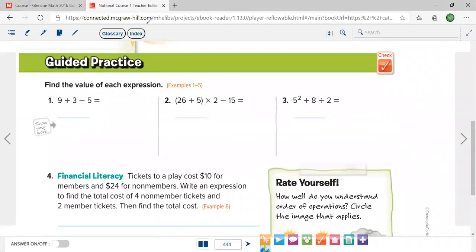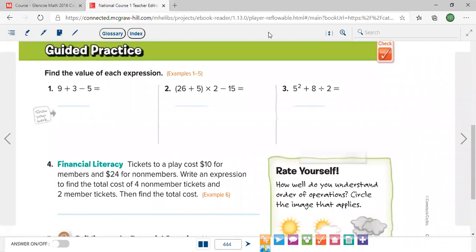For the guided practice, we have here 9 plus 3 minus 5. So 9 plus 3 is 12. And 12 minus 5 will give you 7. Here we must do parentheses first. So 26 plus 5 is 31.